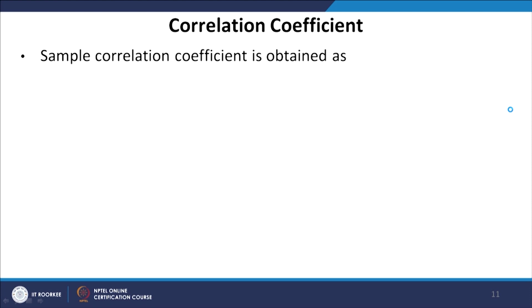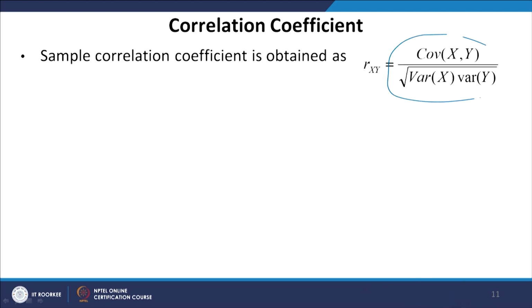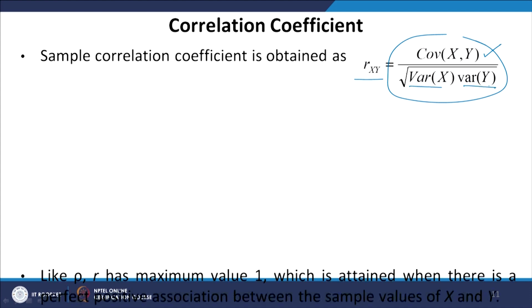The sample correlation coefficient is obtained as this. It is denoted by Rxy. It has the sample covariance between x and y in the numerator, and sample variance calculations in the denominator: the variance of x and the variance of y, and then the square root is taken.